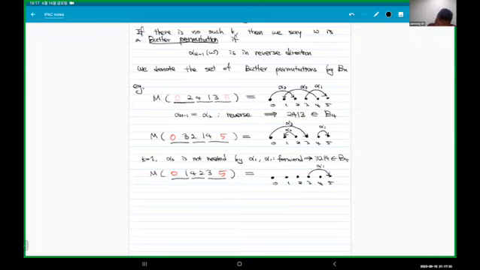Alpha 1, alpha 2 is crossing, alpha 2, alpha 3 is non-crossing, so our k is 2 in this case. Once again, alpha 3 is not nested by alpha 2, but here alpha 2 is in reverse direction. So this concludes that the permutation is not a Butler permutation.